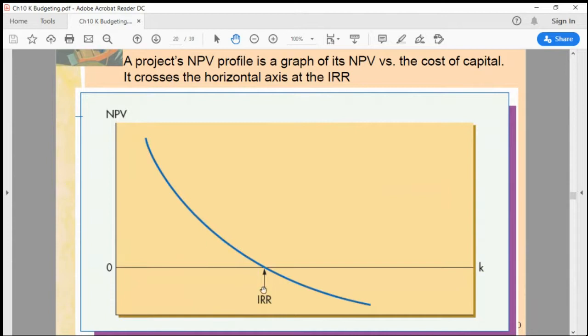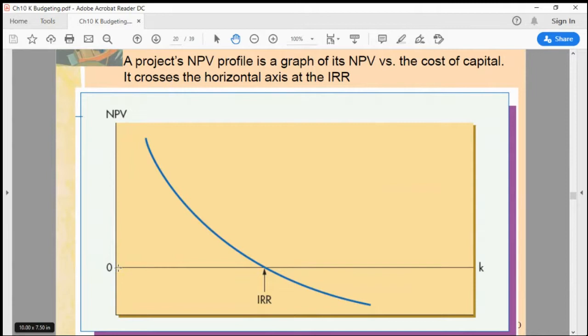The horizontal axis is the level of cost of capital, right? So if the cost of capital is 0, right? Think about it.